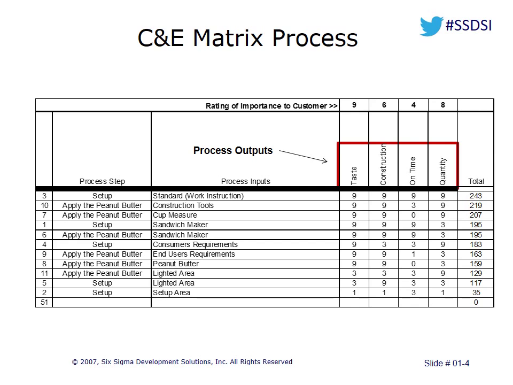In filling out the CNE Matrix, our first step is to list the process outputs. And you'll see the process outputs are highlighted in red. Actually, there's a red border around them.